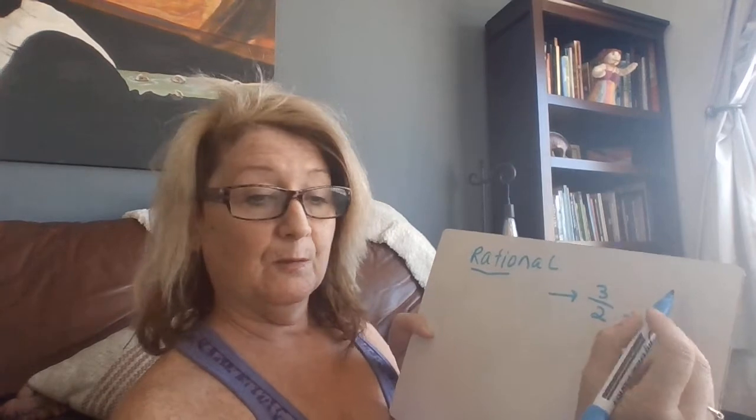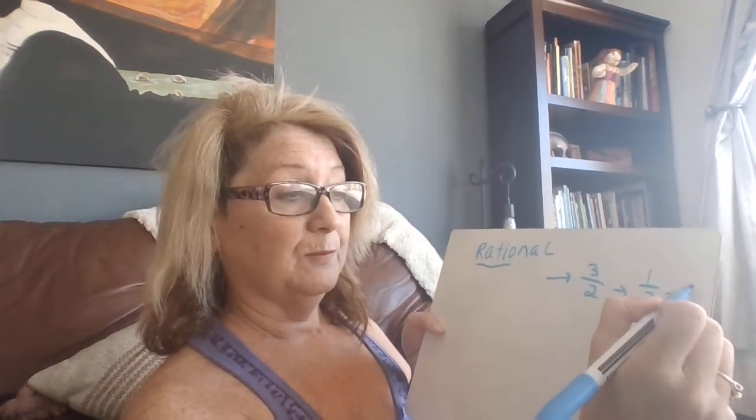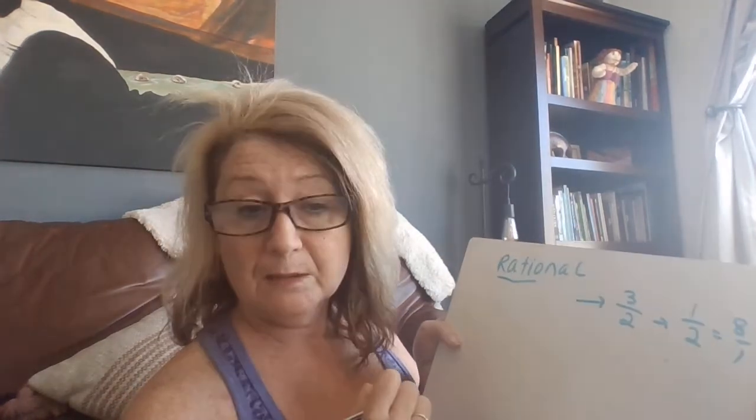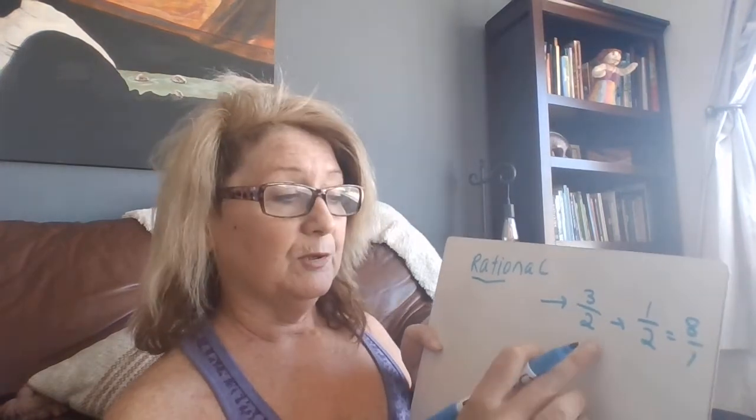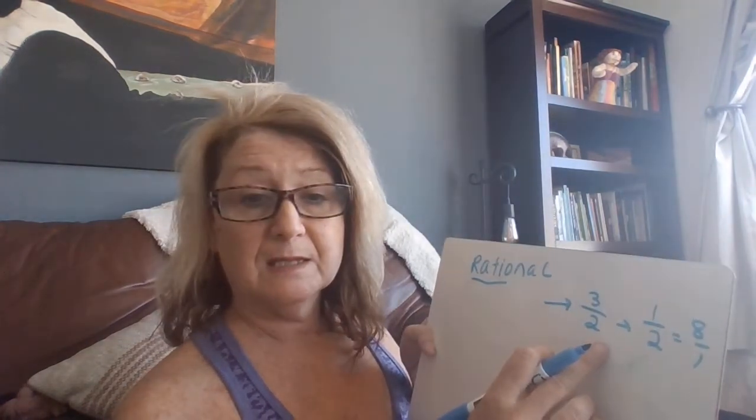A rational number is any number that I can express as maybe 3 over 2, or 1/2, or 8 over 1. 8 over 1 could be a whole number, could be a fraction like this, and rational numbers are numbers that terminate.